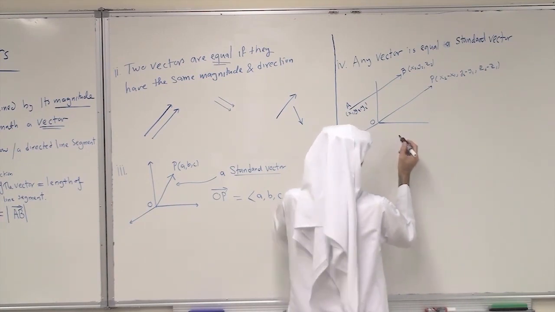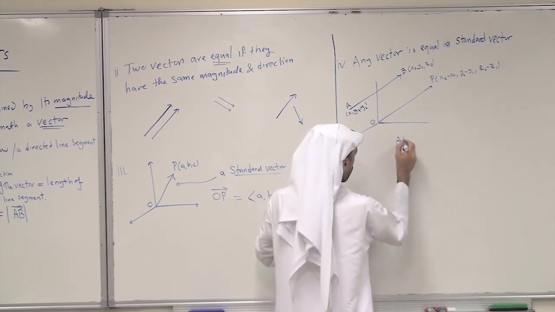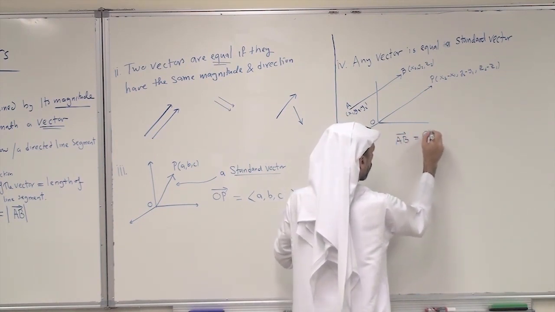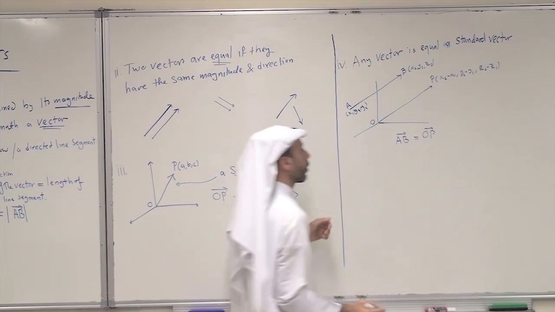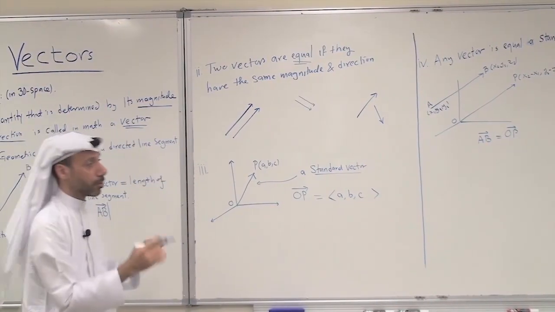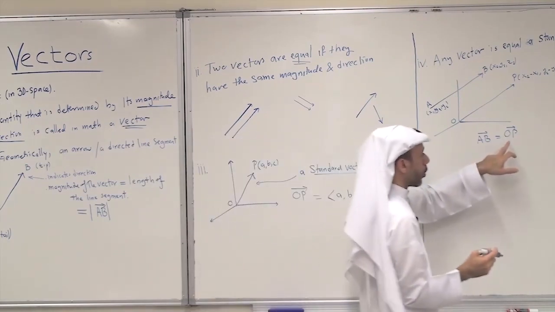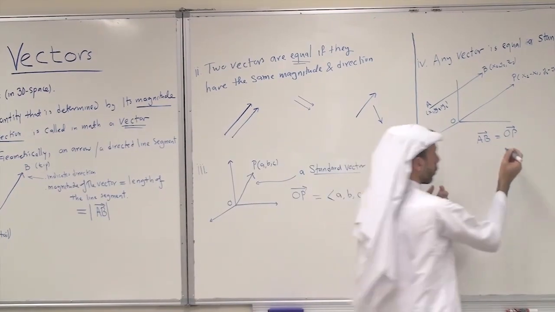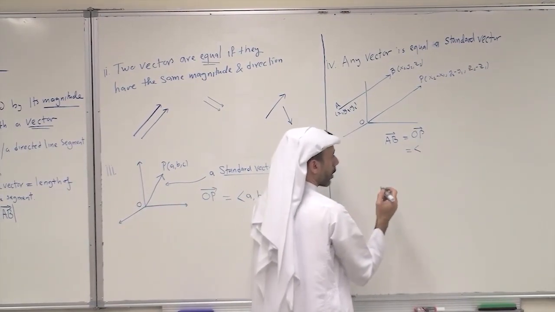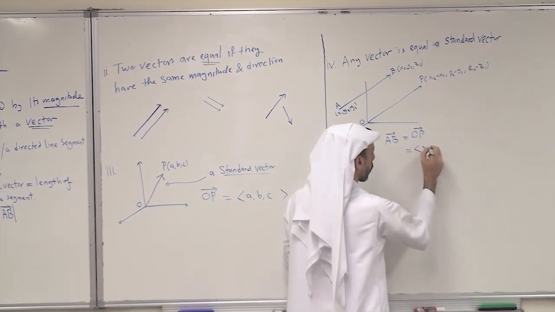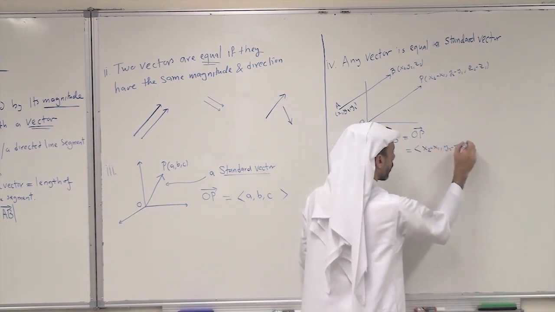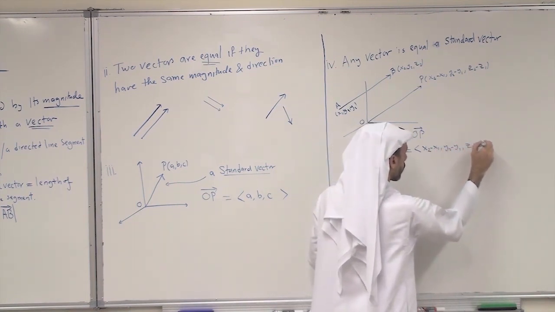So we have the vector AB equals the vector OP, the standard vector. Geometrically they have the same direction and the same magnitude, they are equal. But what is OP? It is a standard vector, so it is written in this manner: x2 minus x1, y2 minus y1, z2 minus z1.